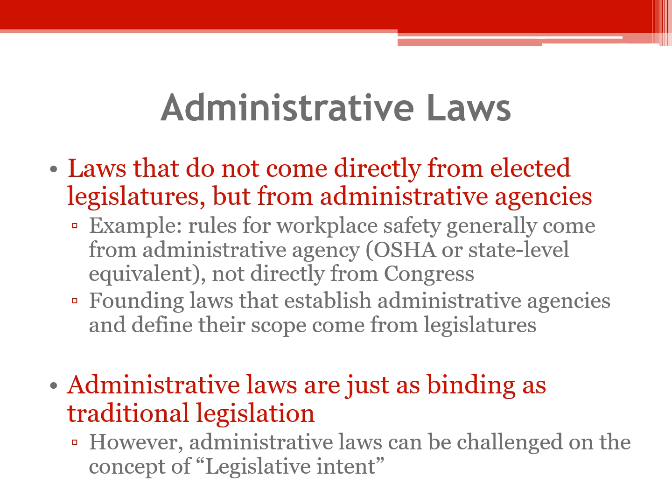Many of the public health and injury prevention laws we have here in the United States don't actually directly come from legislators. They come from administrative agencies, and therefore they're called administrative laws. Some examples of this would be, of course, as I've alluded to many times in here, the rules for workplace safety. They generally come from administrative agencies, either the Occupational Safety and Health Administration or their state level equivalent.